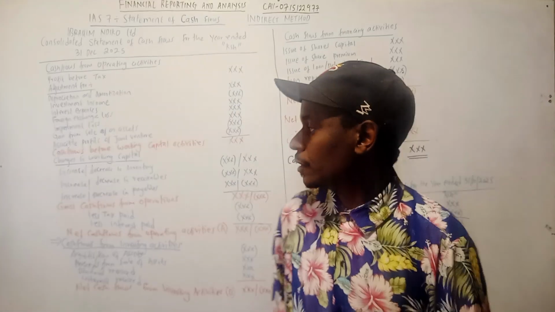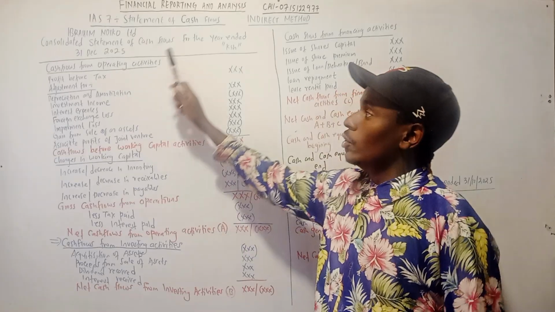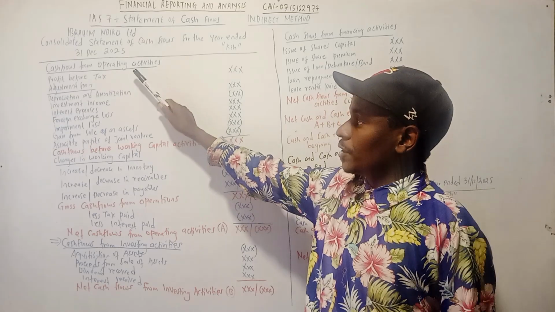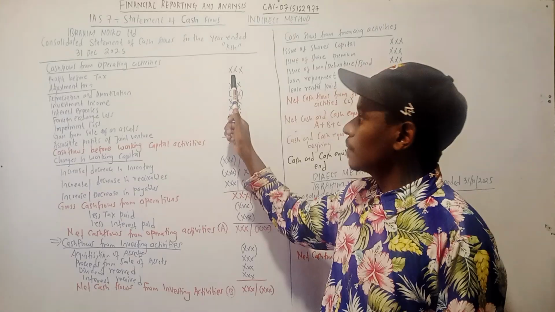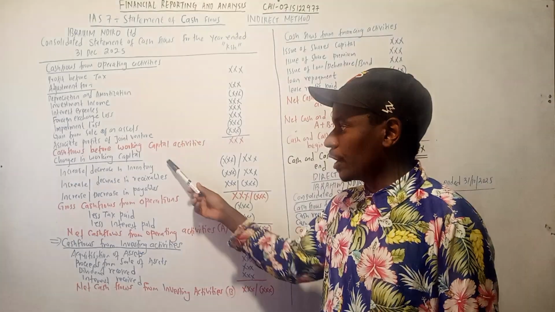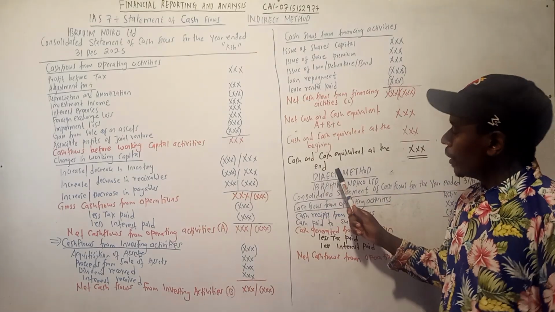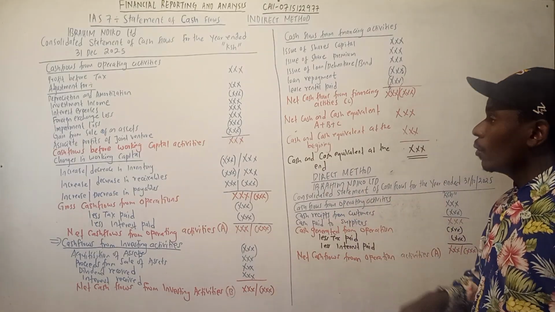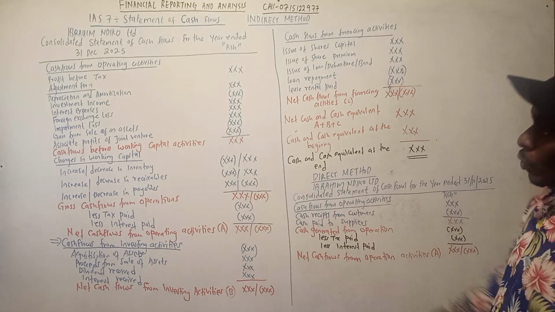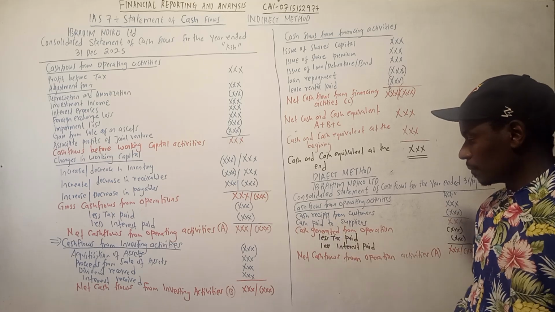The only difference is in the operating activities. For the indirect method, we start with the profit before tax, then we do adjustments, then we check the changes in working capital. But for the direct method, we do not start from the profit before tax. We start with the receipts and the payments.